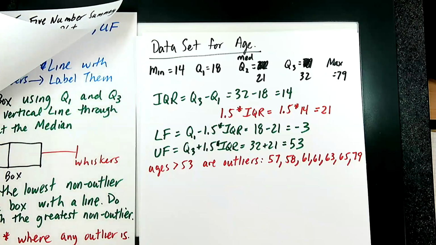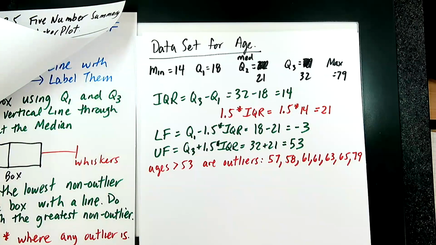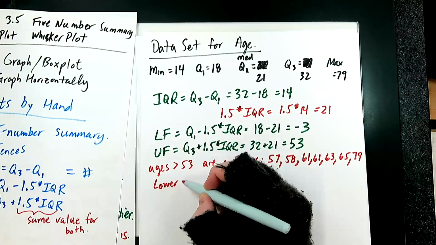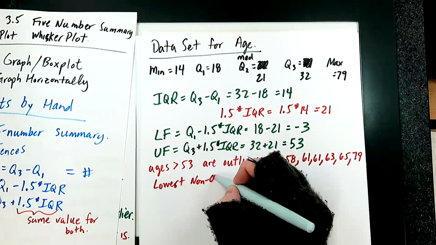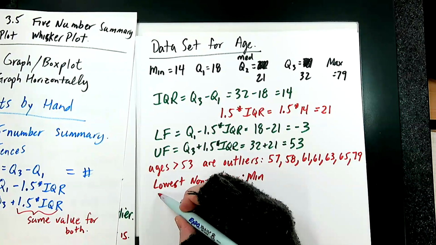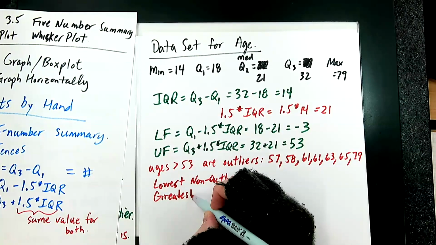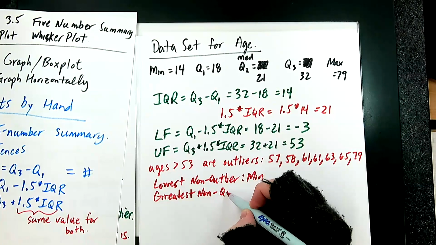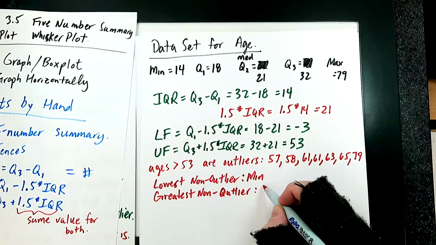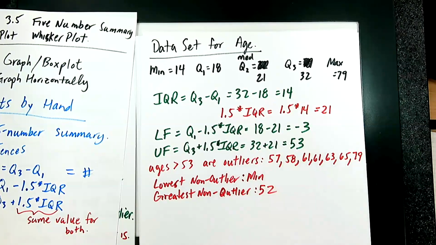And the lowest non-outlier is the min. There is no outlier on the low side. On the high side, the greatest non-outlier, I'm looking at the list, it's the highest number below 53. The highest number below 53 is 52. So that's going to help us make a box.